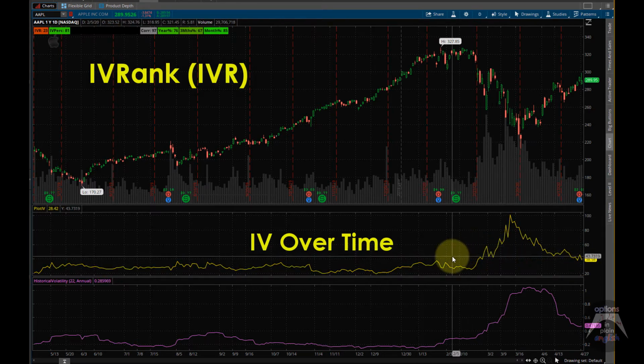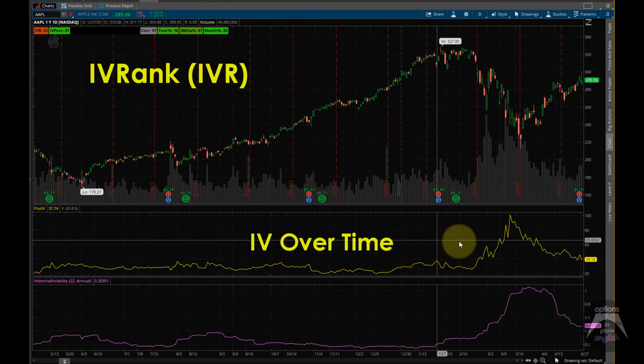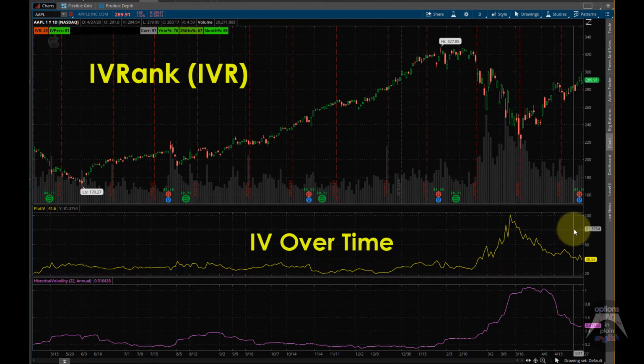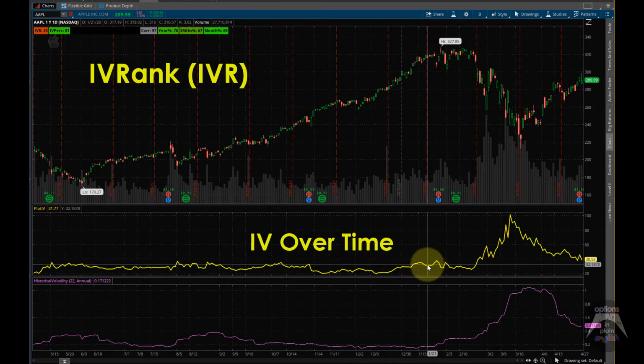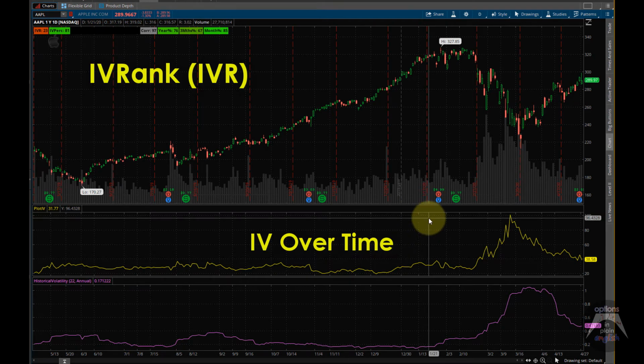So it's going to be a number from 0 to 100. And we're going to be taking a look at a certain look back period. So the actual definition is a relative measure of where the underlying's IV is today compared to where it has been in a certain look back period, which is typically 1 year, scaled from 0 to 100.